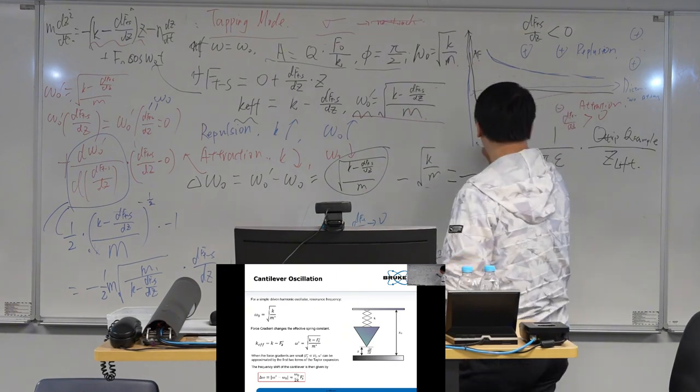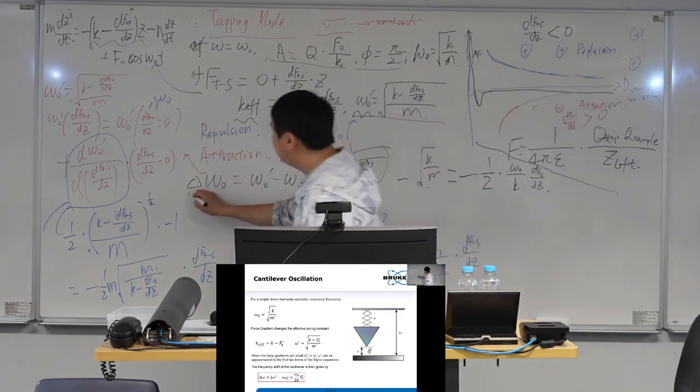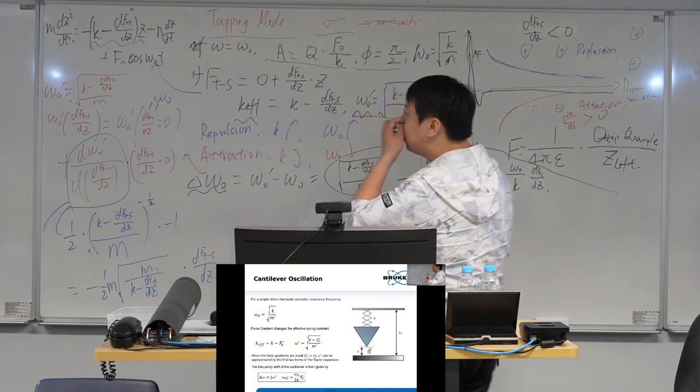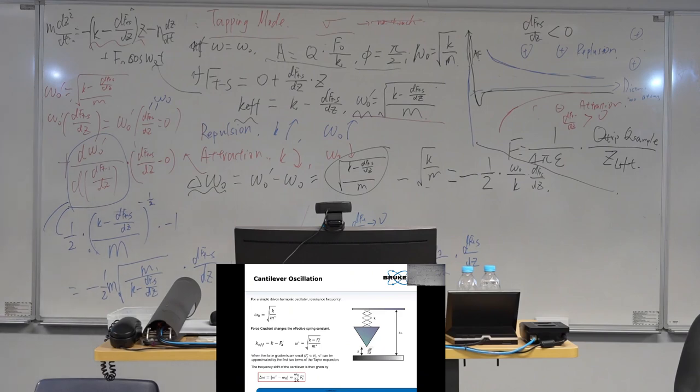That's the final result: the resonance frequency shift is proportional to the gradient of the FTS.